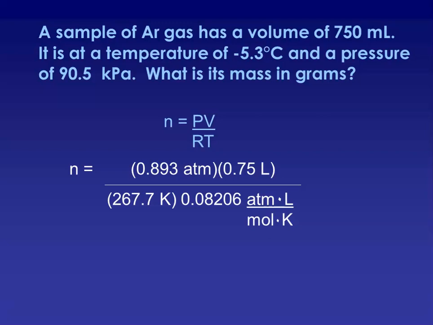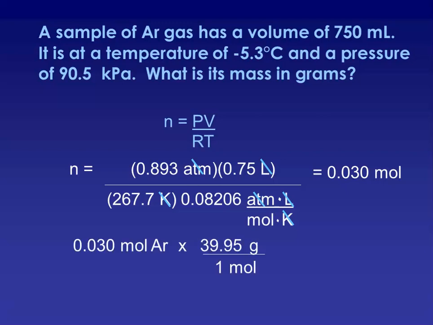The atmospheres, the liters, and the kelvins cancel, and you end up, when you account for sig figs, with 0.030 moles. But we were asked to find the mass of our argon gas, and we can relate moles to mass using the molar mass of argon, 39.95. So once we have done that final conversion, we get what the actual mass was of our argon gas, 1.2 grams.